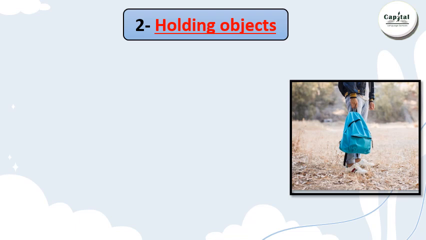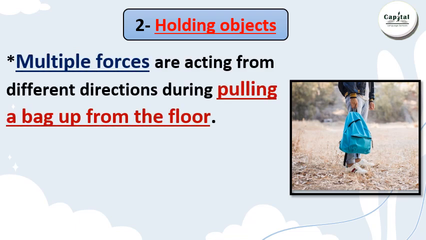Very good. We have another force, which is the force of your hand, which pulls this bag up. And we can say that two forces, called multiple forces, are acting from different directions during pulling a bag up from the floor.